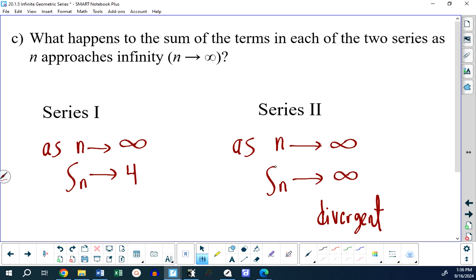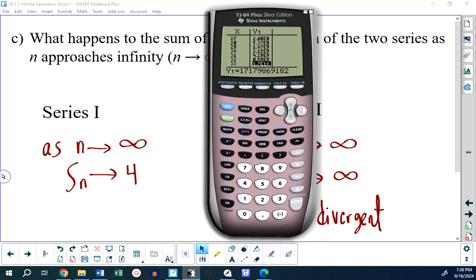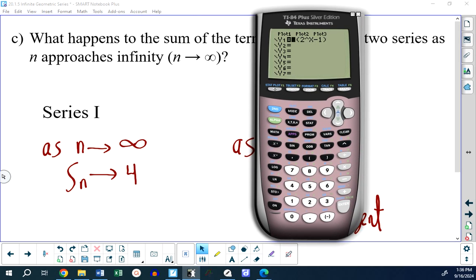Let me demonstrate that to you. I'm going to put in the original sequence, series, whatever you'd like to call it. Correct me if I'm wrong, was it 2 times 0.5 to the n minus 1 over negative 0.5?